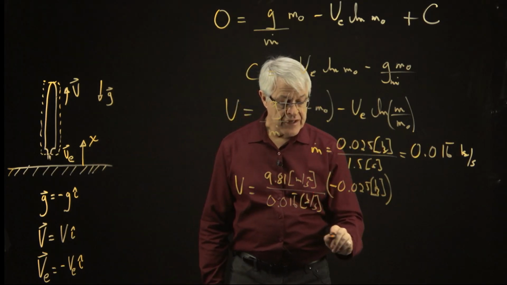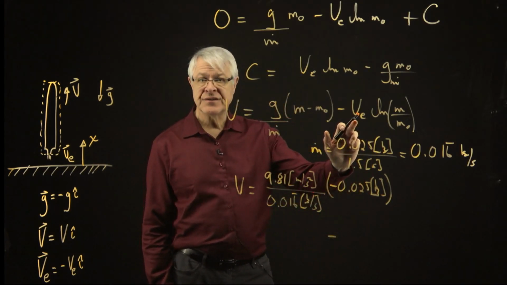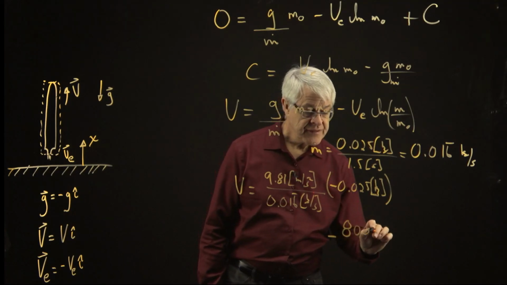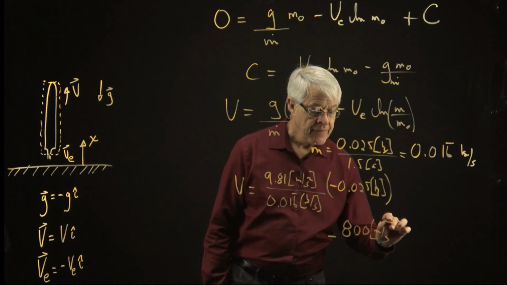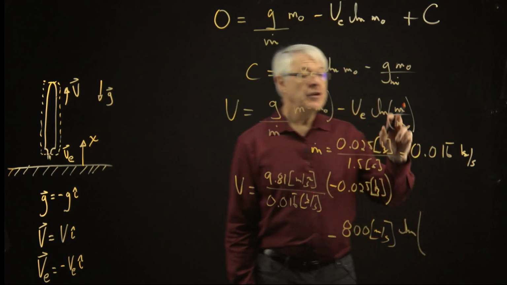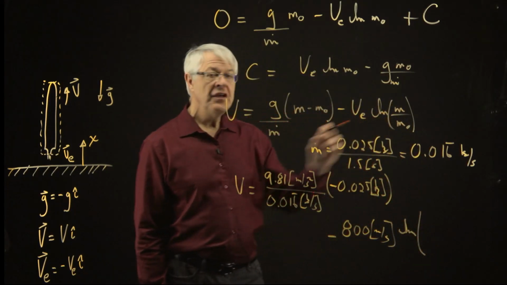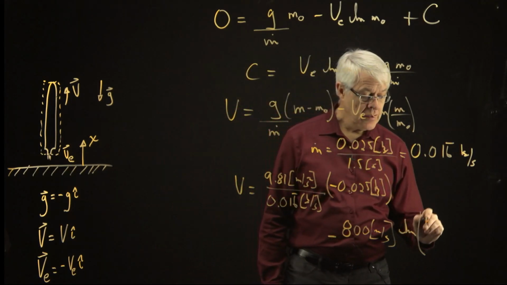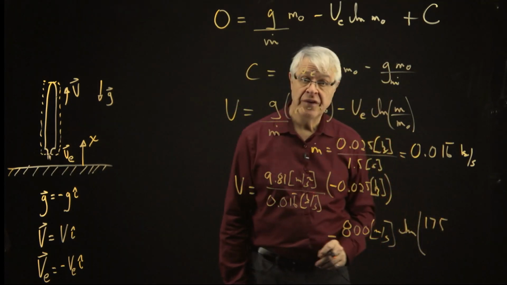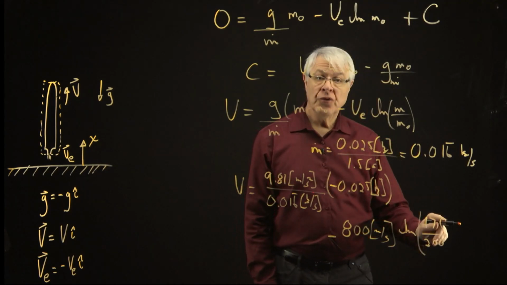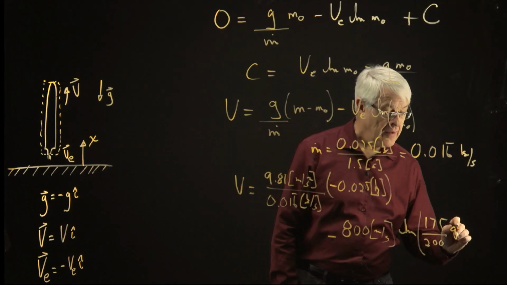Then I'll come down here. VE, that's our 800 meters per second, the velocity of the exit gases, times the log. Now here we have a ratio of masses, so I'm just going to put them in grams. Our final mass is 175, and our initial mass was 200, both in grams.